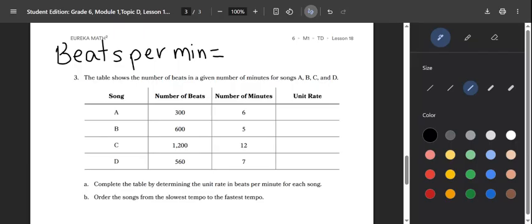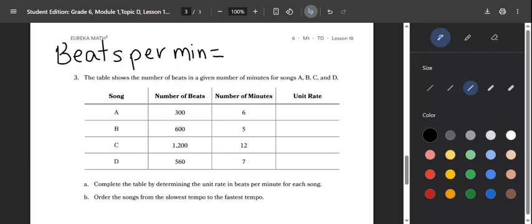So you're going to set up your division problem like a fraction, and you're going to put the quantity that you want to be 1 in the denominator, because you want it to be the divisor, and the divisor is in the denominator.